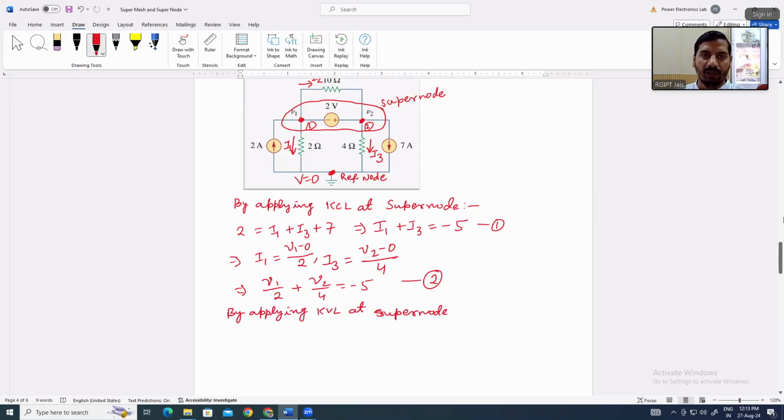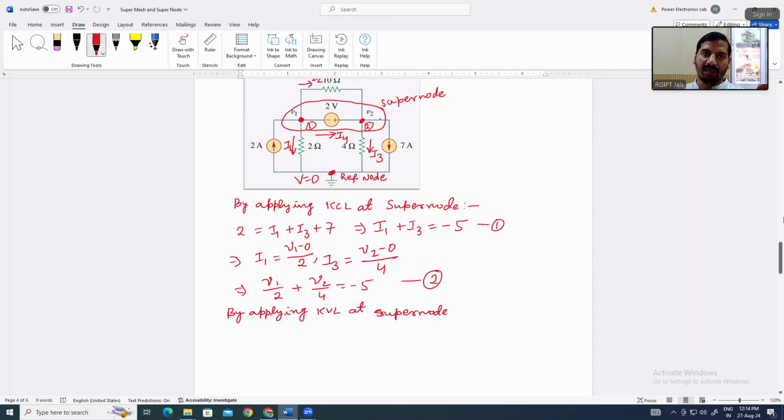If we assume that V1 is greater than V2, it means clearly we denote that this current is I4. In the sources, current will flow from lower potential to higher potential. In the elements, current will flow from higher potential to lower potential.